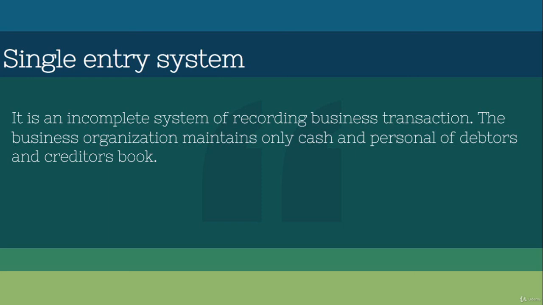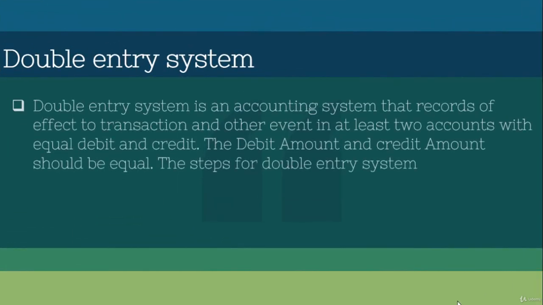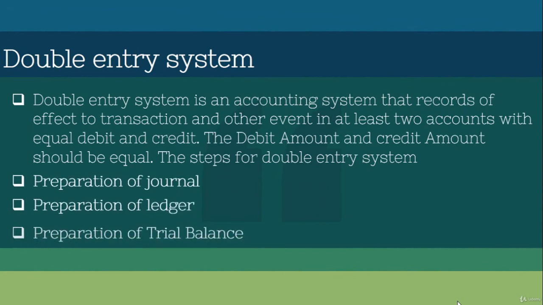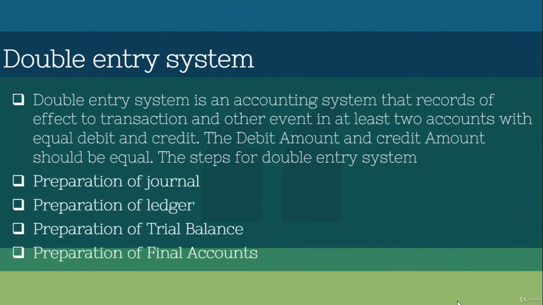Double entry system means debits always equal credits. It is an accounting system that records the effect of a transaction or other event in at least two accounts with equal debit and credit. The debit amount and credit amount should be equal.